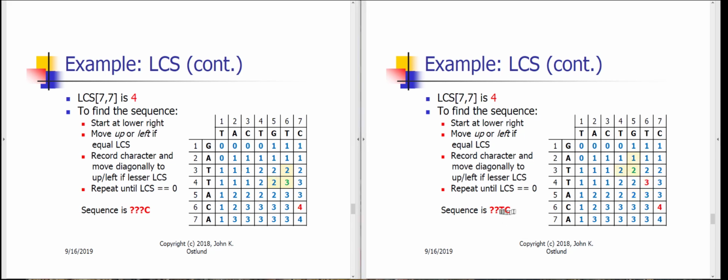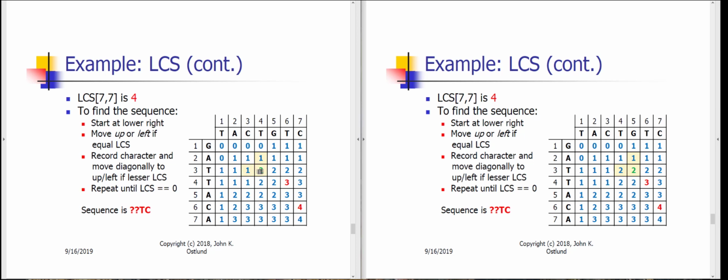All right, so we have now discovered that T and C are the last 2 characters in our longest common subsequence. At this point, we look above and to the left and discover that 2 to the left is equal, so we'll move to the left.